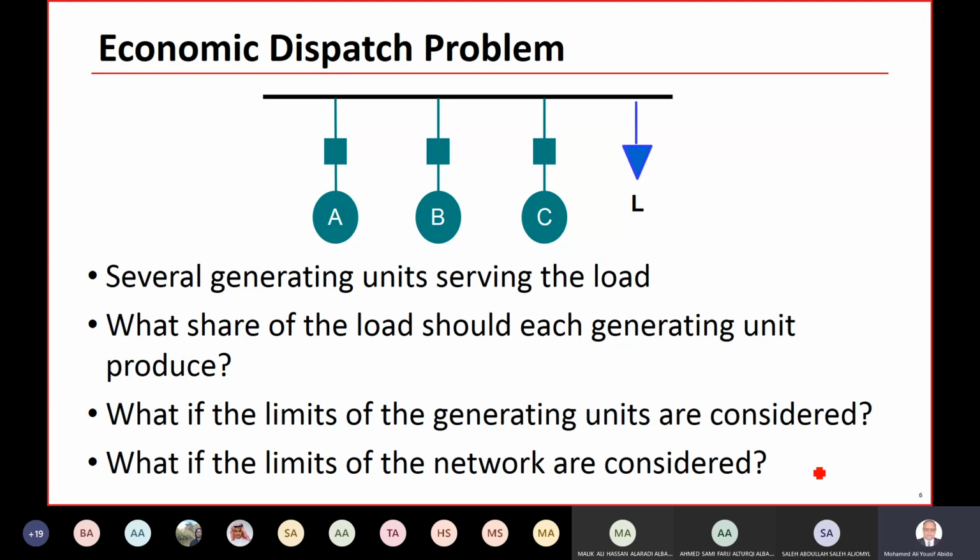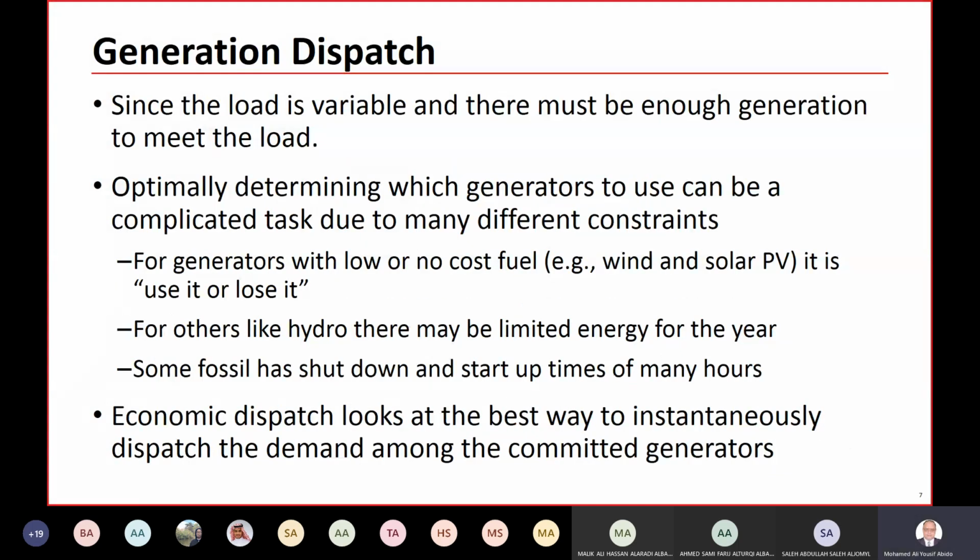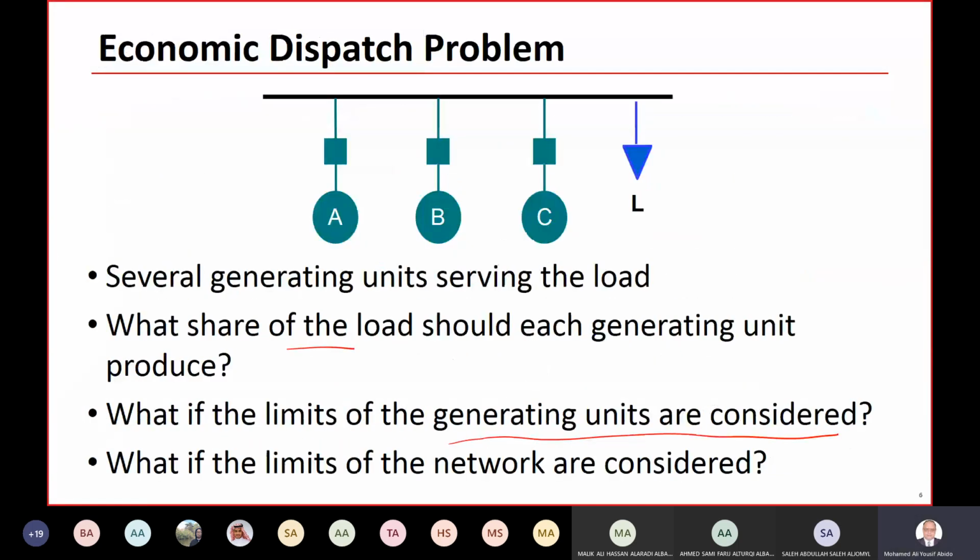What if the limits of the generator units are considered? Here we can say this is just the unconstrained problem, and here we add the limits of the generator outputs into consideration.